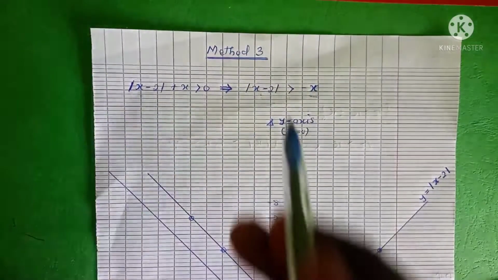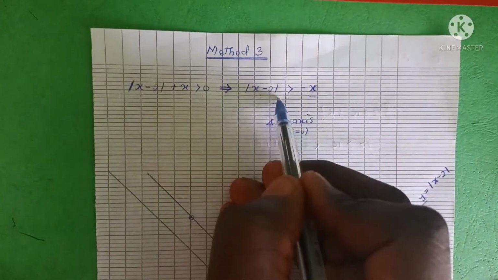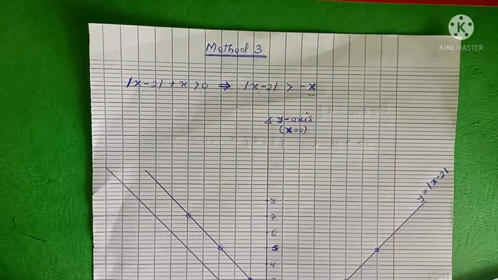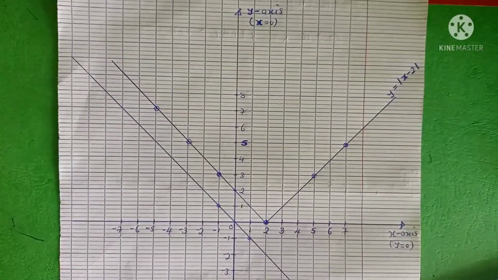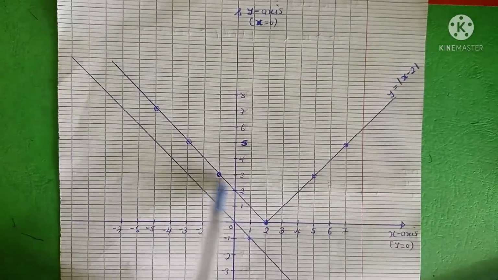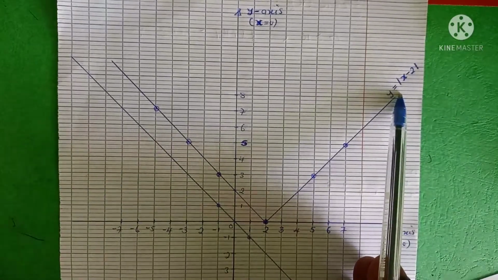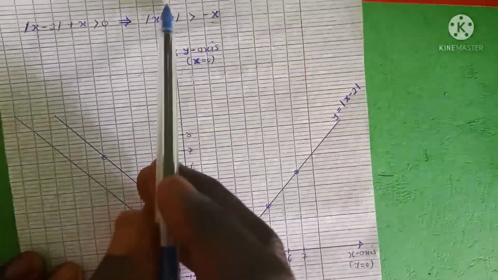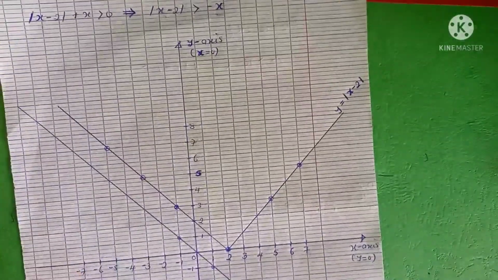And so we have to draw the graph of the absolute value of x minus 2 and the graph of negative x on the same axis. These are the two graphs here. This is the graph of the absolute value of x minus 2, and this is the straight line y equal to negative x. And so how do we obtain the solution of this inequation from these two graphs?